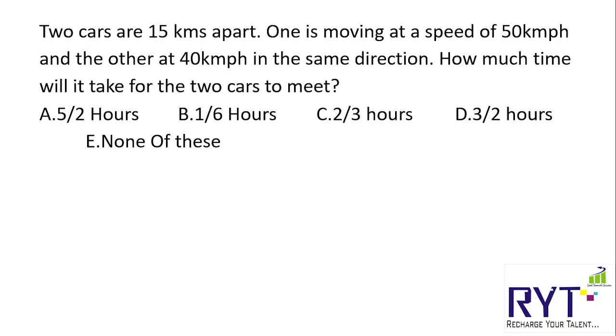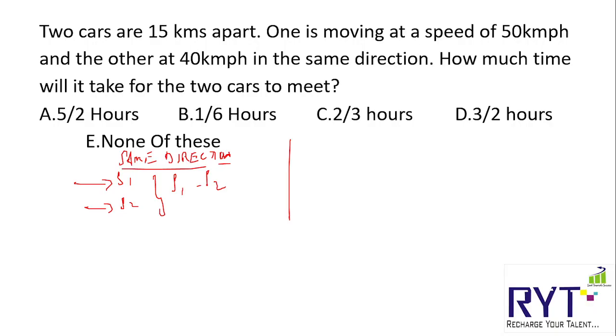Relative speed means if two vehicles are going in the same direction with speeds s1 and s2, the relative speed is s1 minus s2. This is very important when you get problems involving two vehicles. We have to use this method.